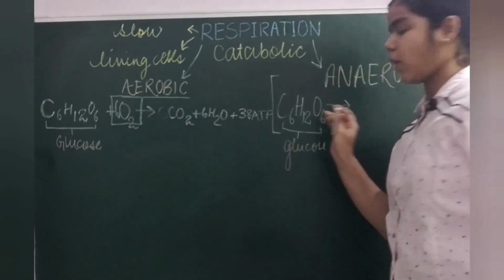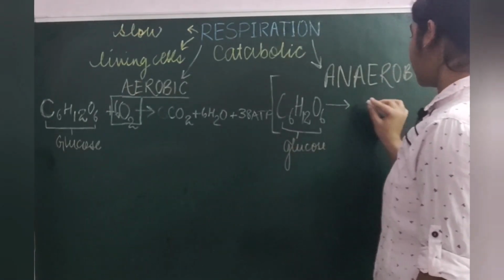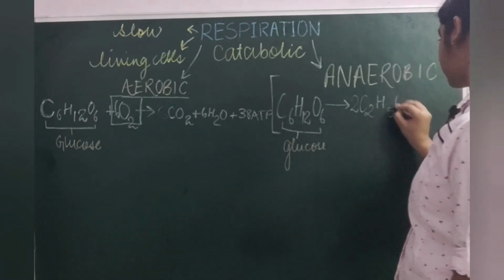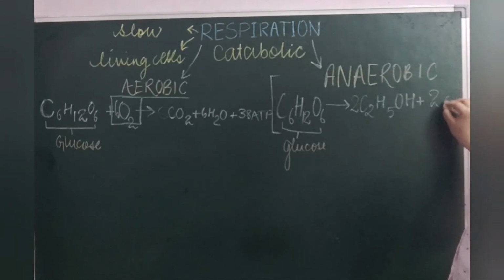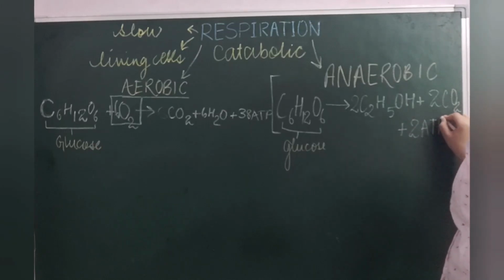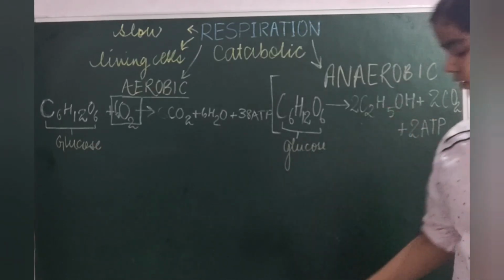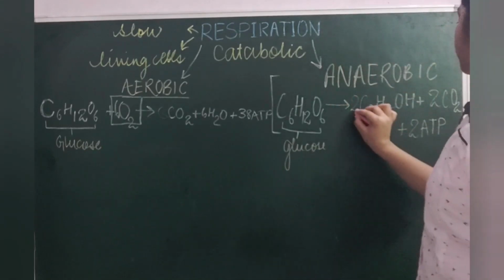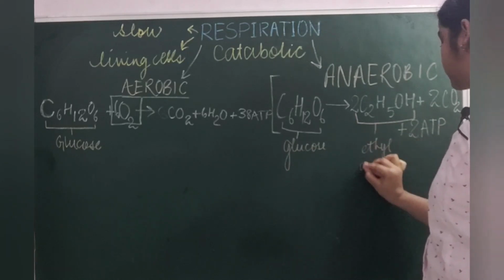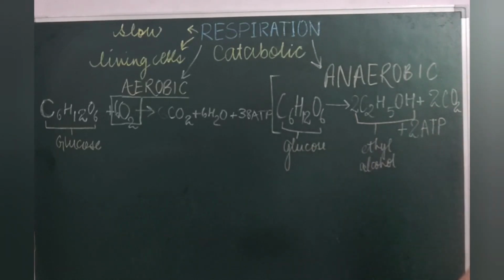We will not involve oxygen here, but because it is not used, it forms ethyl alcohol. I want you to learn the chemical formula of ethyl alcohol: 2C2H5OH is ethyl alcohol. Okay.